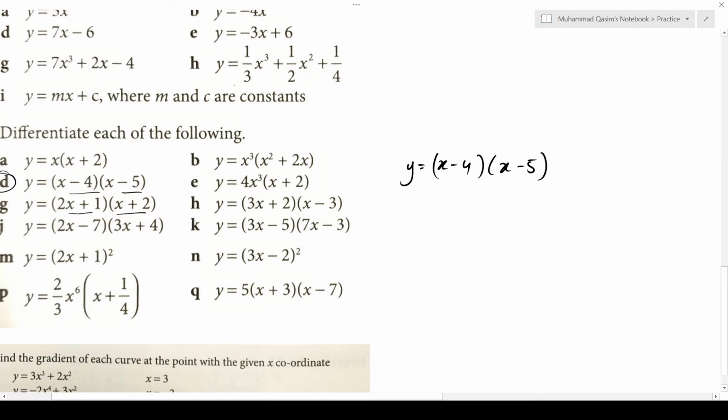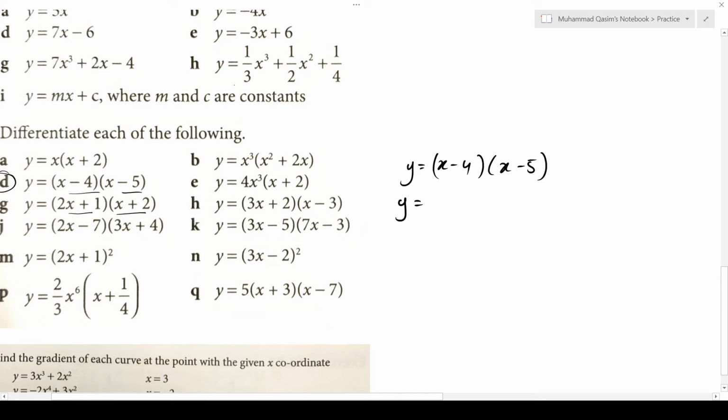In higher classes we have the product rule for these kinds of questions, but as I stated earlier, the product rule or the quotient rule, they both are not a part of the Cambridge syllabus, so you will have to apply some technique. If you focus, you can expand these two factors.